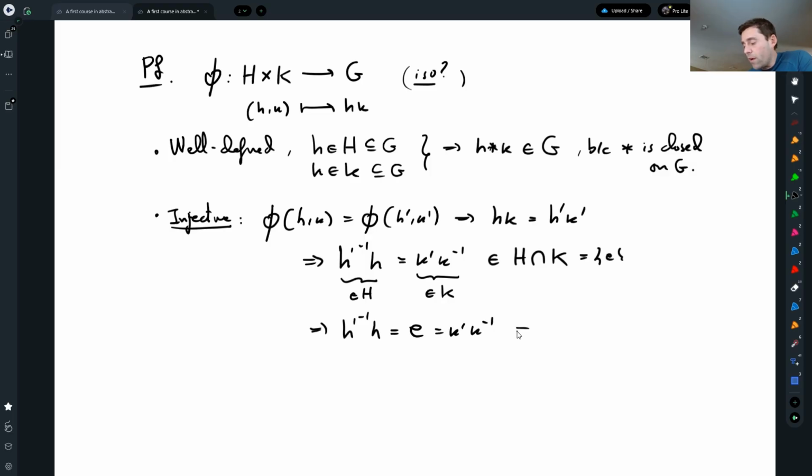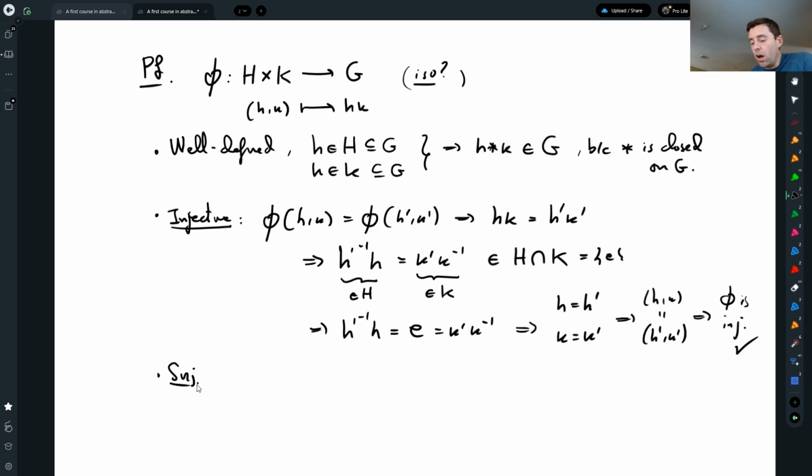And then if you unravel what those mean, for example, h prime inverse times h is e, if I multiply again on the left by h prime, now I get that h is h prime and k is k prime. And therefore, the pairs are the same. (h, k) is the same as (h prime, k prime), and therefore phi is injective. Great.